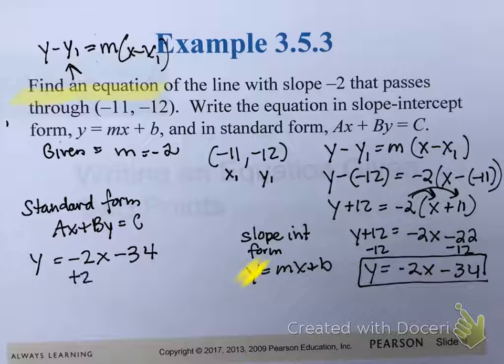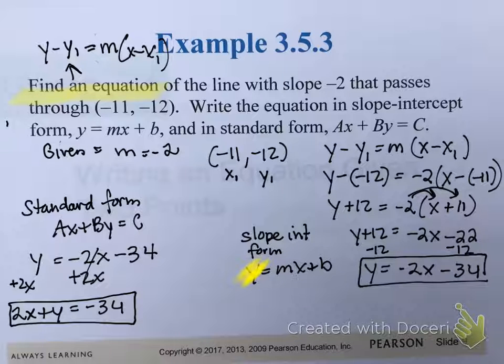All I have to do is move the x over to the other side, and I'm good. Now I have both x and y on the same side, and the coefficient, the value in front of the x, is positive, therefore I'm in standard form, and I've answered both questions. What is the equation in standard form, and what is the equation in slope-intercept form?